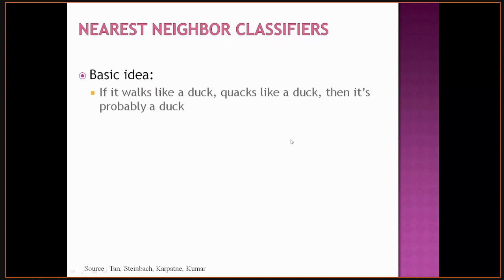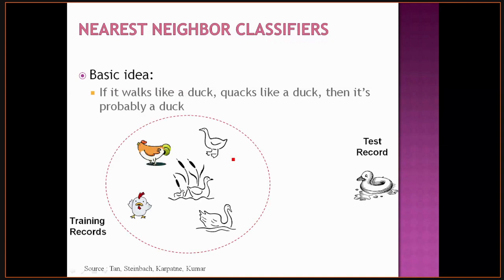So how is it done? Say, for example, there are some training records, and the training records have got the label. Like here, there are some images. These ones are the non-ducks, and these are some of the ducks.